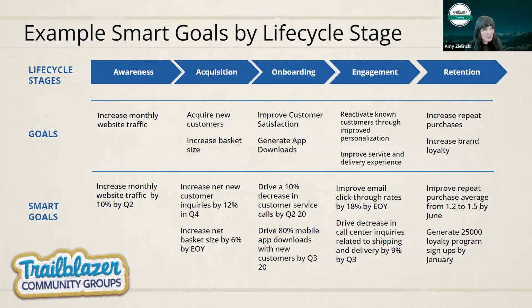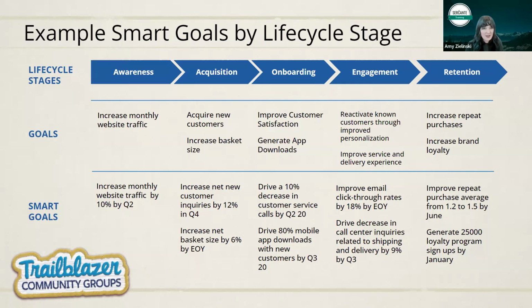For the next stage, which is acquisition, our goals are to obviously acquire new customers. That's kind of our whole job as marketers, right? And increase our basket size. So we want people to purchase more from us. Our SMART goals here can be things like increase net new customer inquiries by 12% in Q2.